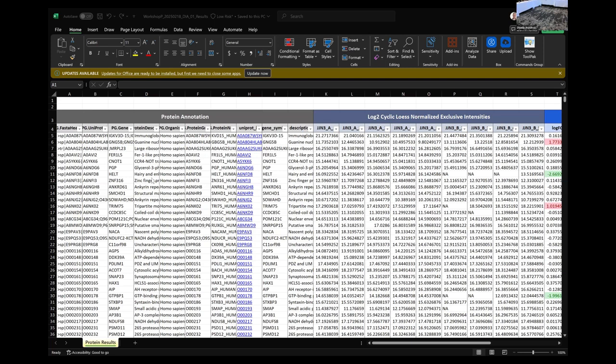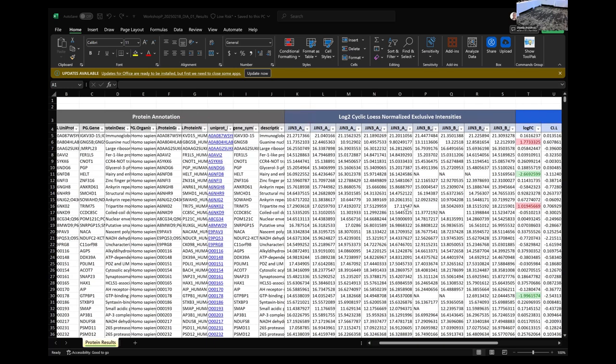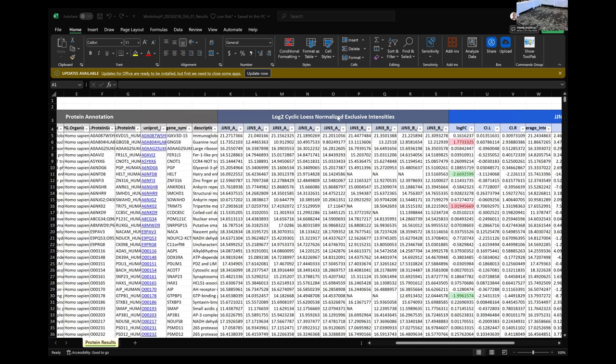It's got it all broken down. With the Uniprot IDs, if I click on this guy, it'll take me back to the Uniprot site where you can look up that particular protein. So each one of these rows here represents one of those proteins. And then the next group here is going to be the normalized intensities, and it even tells you what type of normalization.